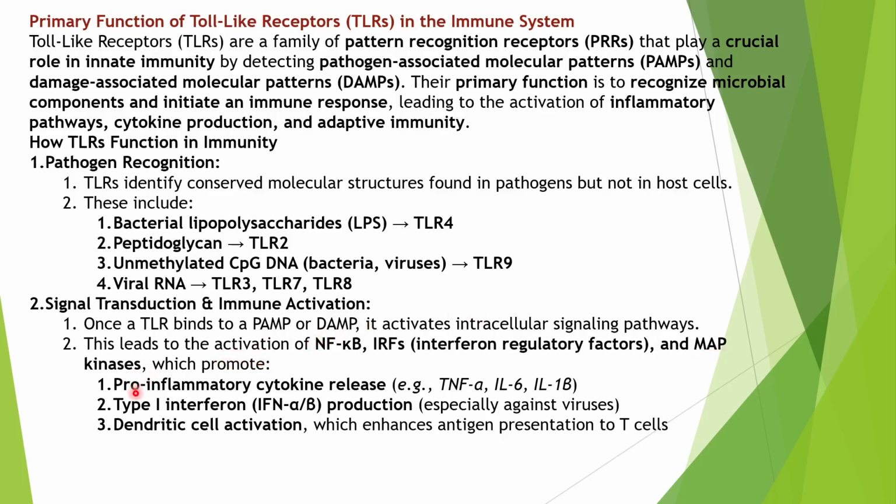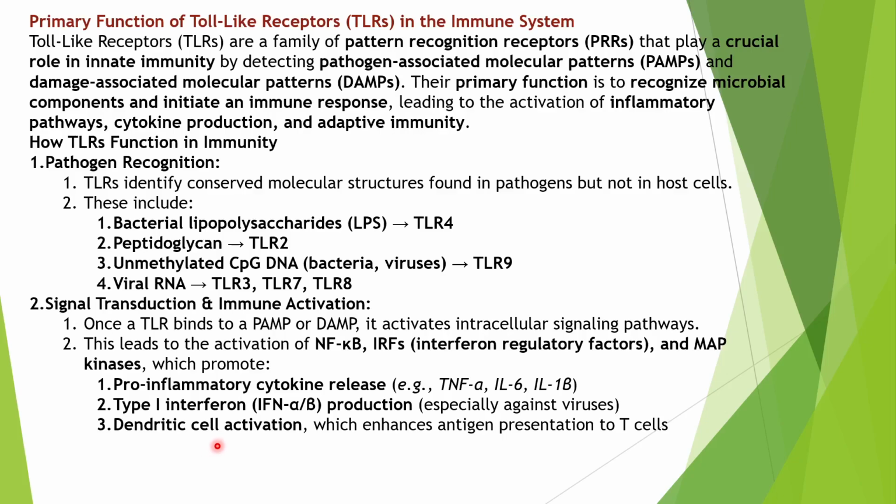This then promotes the production or release of pro-inflammatory cytokines such as TNF-alpha, IL-6, IL-1 beta, etc. Then it also helps in secretion of type 1 interferon, that is interferon alpha and beta production. This is for action against the viruses.